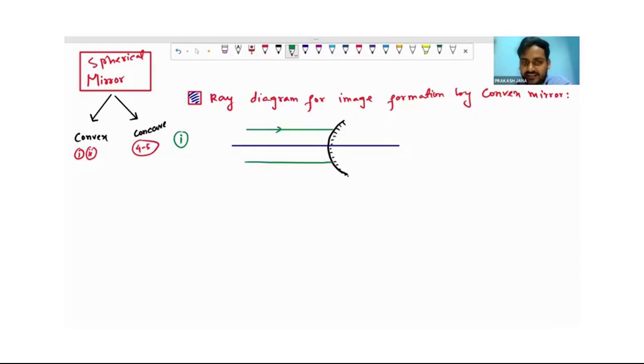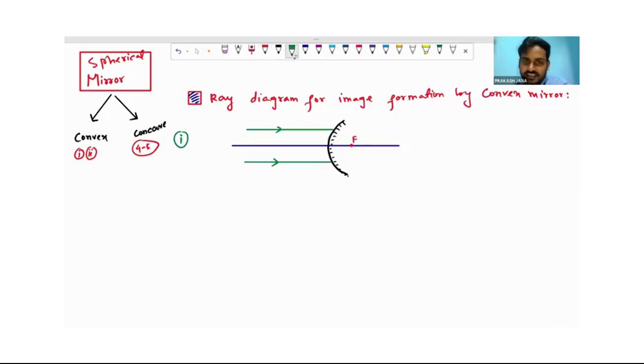So all the rays which are incident on the spherical convex mirror are parallel to the principal axis. After reflection, what will happen? They will be reflected back in such a direction that they appear to pass through the focus. It will be better if I draw the focus first. So suppose this is the focus.